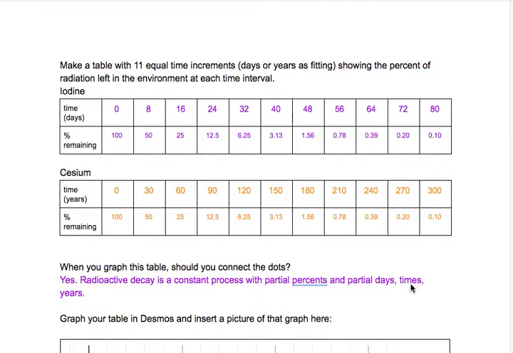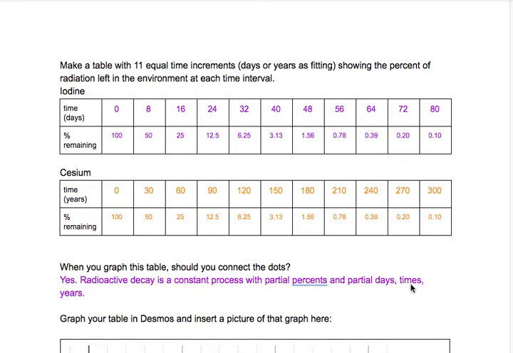I can't tell you much about days 4, 5, 6, but I know day 8 will be at 50. I know that 8 days after that, day 16, it will be now half again. It'll be at 25, and so on and so forth. The exact same pattern holds true for cesium, only in this case the time span is counting by 30 years.